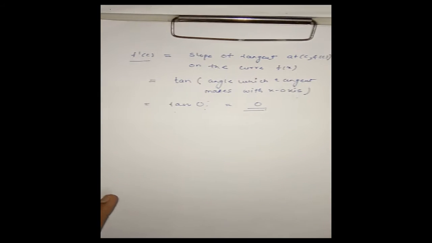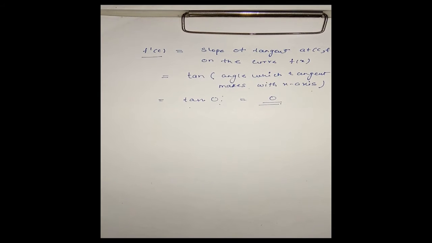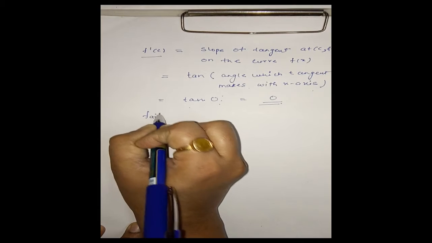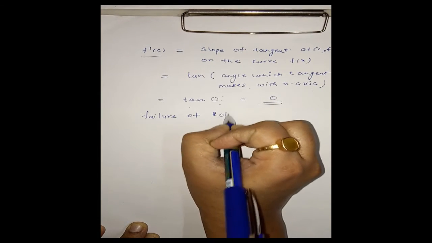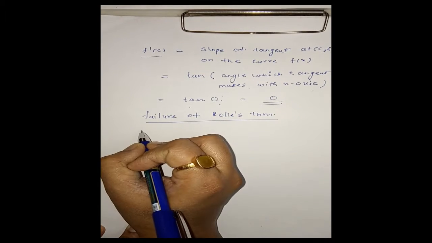Clear? Now, if any of the three conditions is not satisfied, then Rolle's theorem will fail. Next, failure of Rolle's theorem.